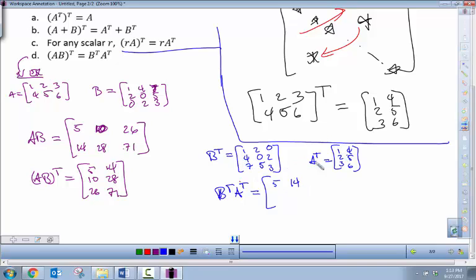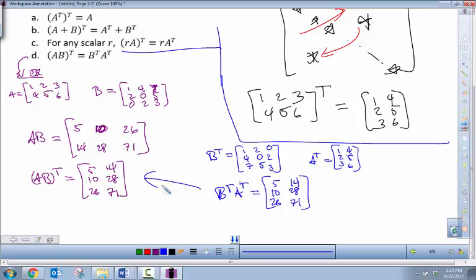And then now I have 4, 0, and 6. 4 and 6 is 10. 16, 0, 16, and 12, that's 28. And then now I have 7, 5, 3, dotted with 1, 2, 3. That's 7 plus 10 plus 9, 26, and then last one's 71. So it's the same, it's equal.